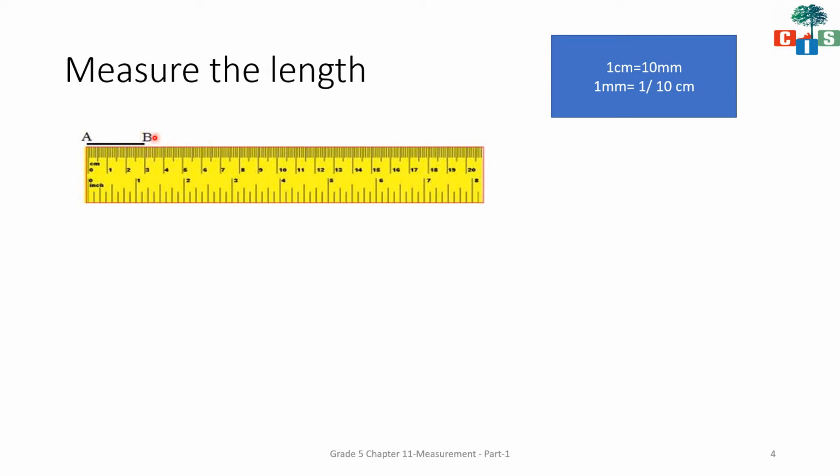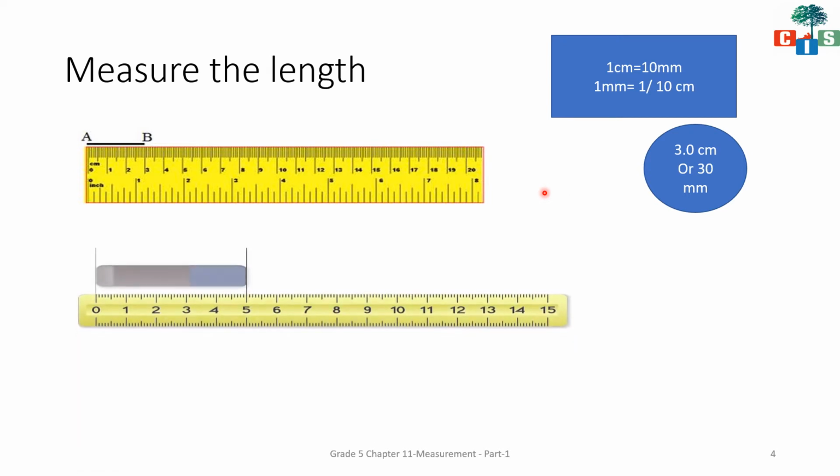Here we can see that the end point B lies at 3. So the length of line segment AB is 3 centimeter or 30 mm. For converting centimeter to mm, we have to multiply with 10.